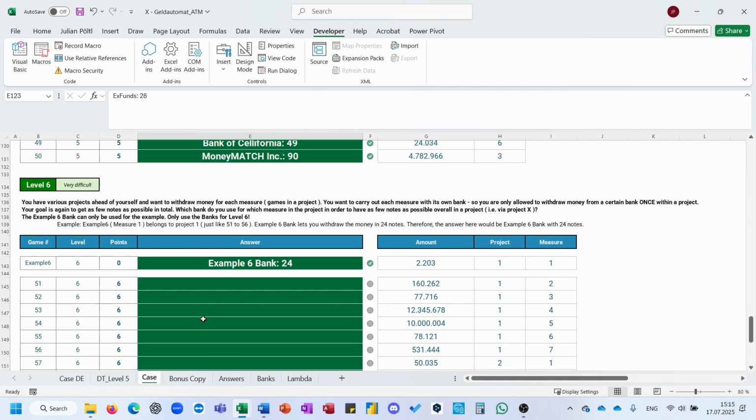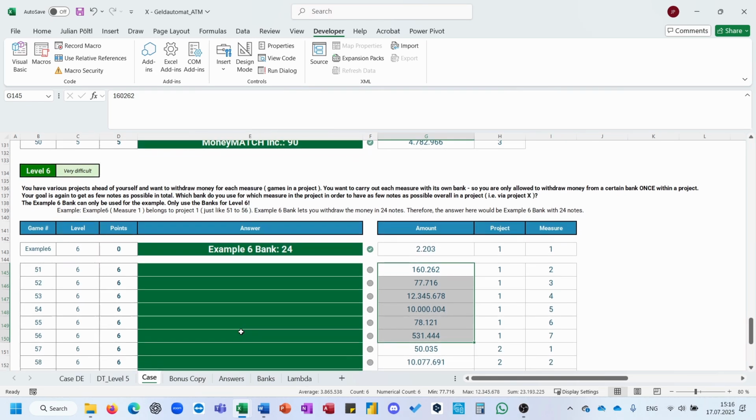So, we have various projects by the bank. So, for each project, we want to withdraw money from the bank. We can use every bank only once for each project. And we want to withdraw money in the most efficient way, so to say.